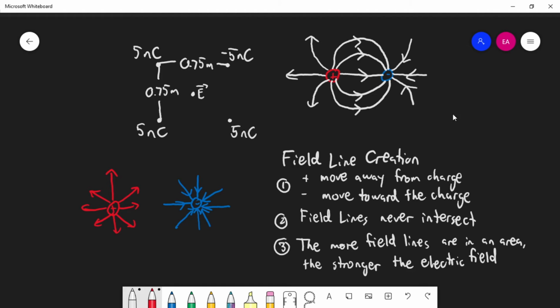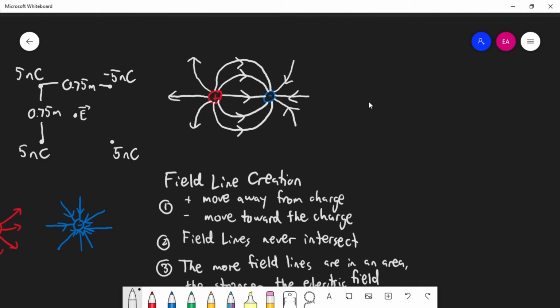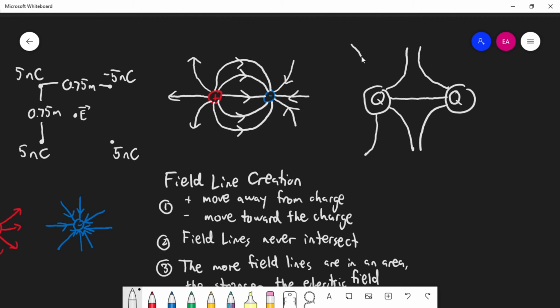Now, if you have two charges with like signs, let's say for example, this is Q and this is also Q. No matter what the charge, I'm using white because it's basically like this, but with the directions reversed.